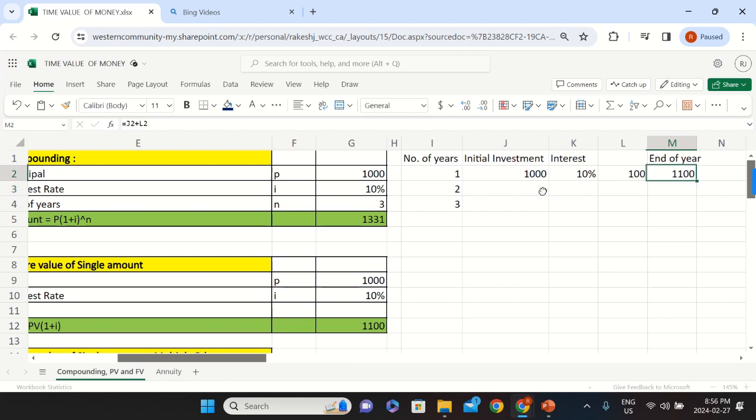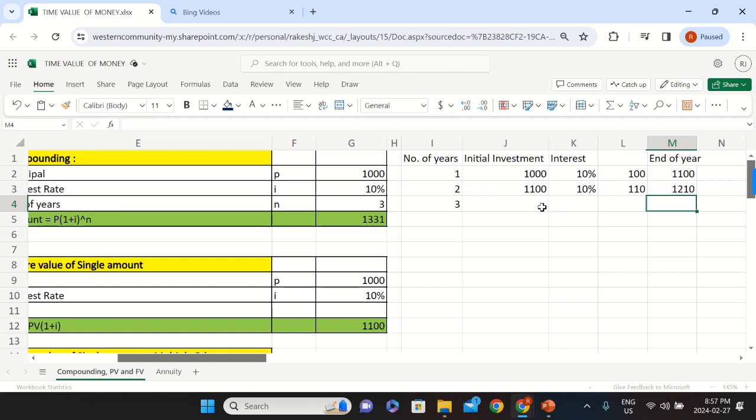That 1100 will be invested again in the next year, right? The 10% will remain the same, and here we calculate the 10% on 1100, that is 110, and the total will be this amount plus interest, which is 1210.